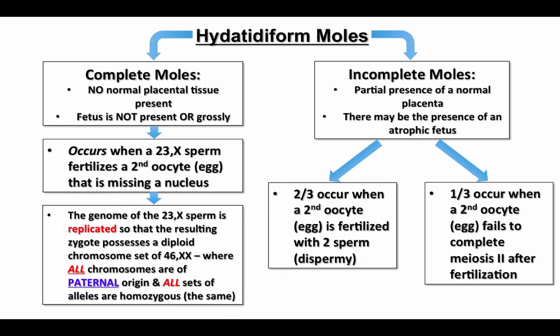You get an abnormal diploid egg, and you have an extra set of maternal chromosomes.